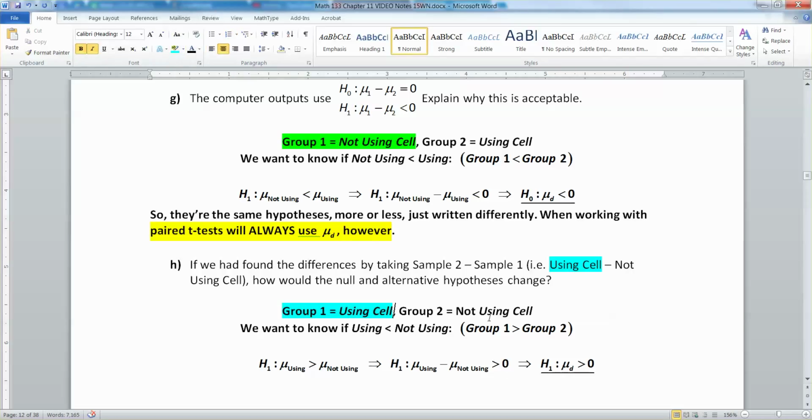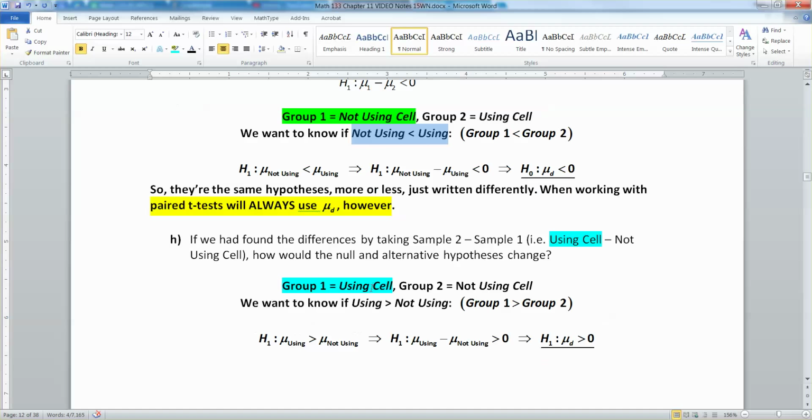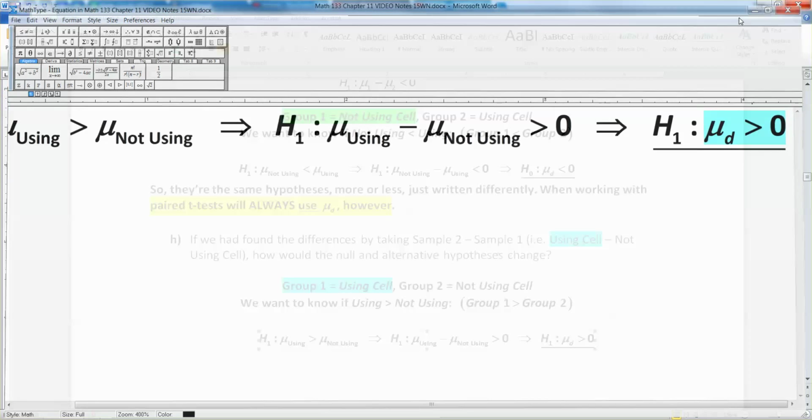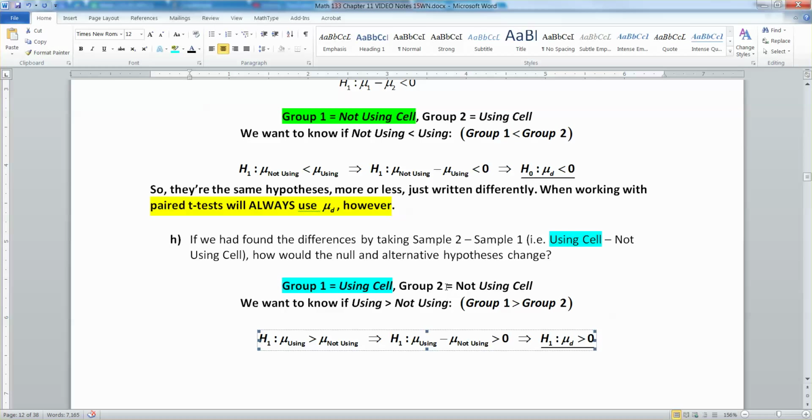So if the using cell phone group is group 1, that means that you want using to be greater than not using. You expect using to take more time. And that means you're reversing your process. What used to be a left-tailed test up here is going to become a right-tailed test down here. And that means mu d would be greater than 0 if you establish the using cell phone group to be group 1, the group in front.